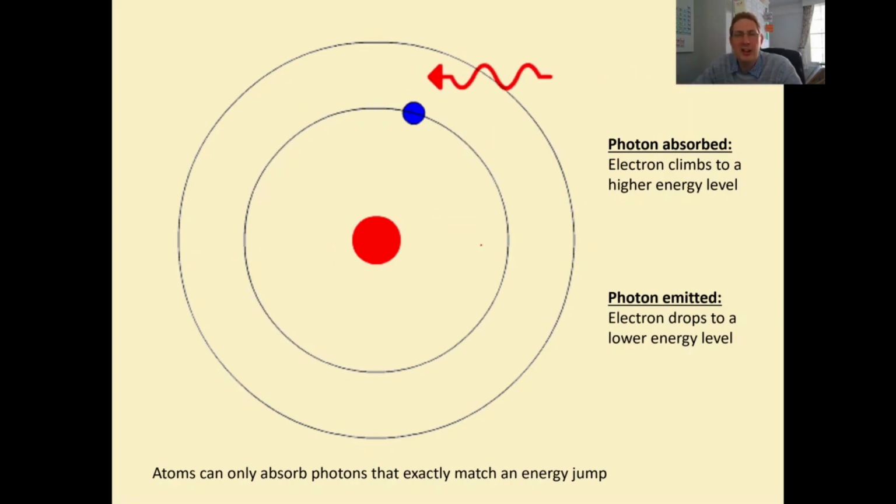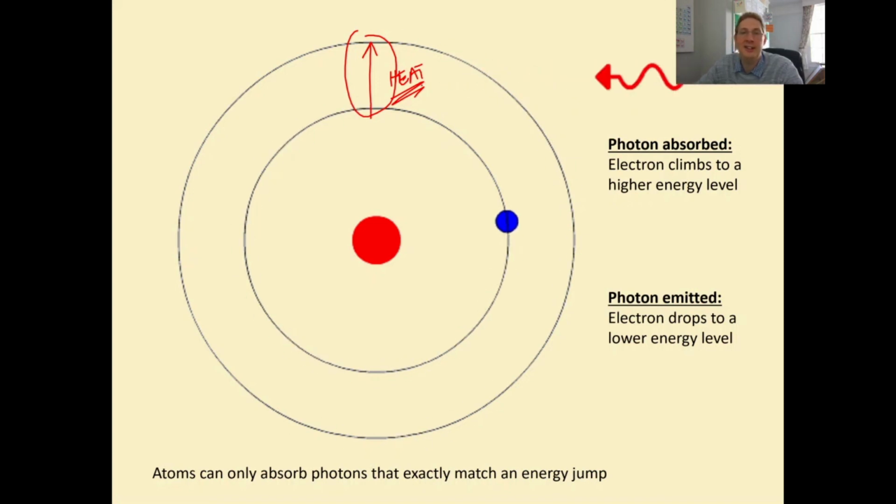A very frequent question, I don't know why it's asked so often, is where do these colours come from? Well, it comes from the fact that an electron can be promoted to a higher energy level by absorbing either light or, in the case of a flame test, heat. So the electron jumps up to a new energy level.